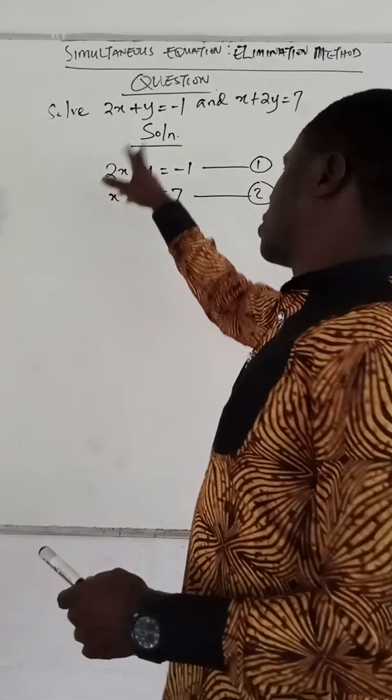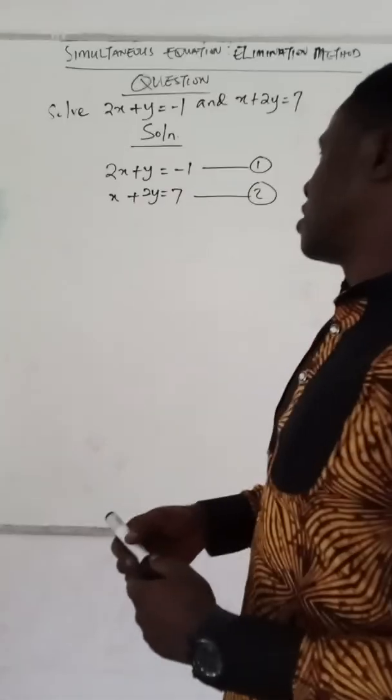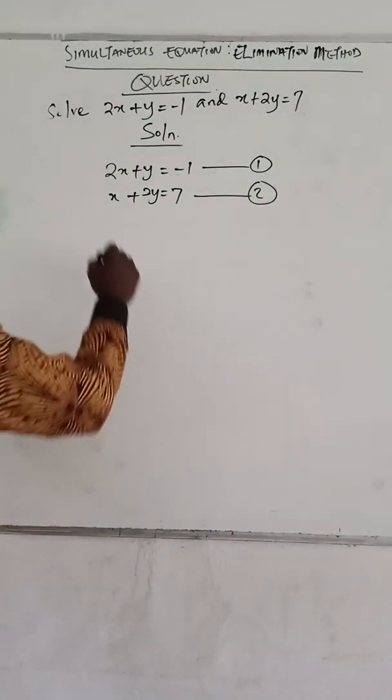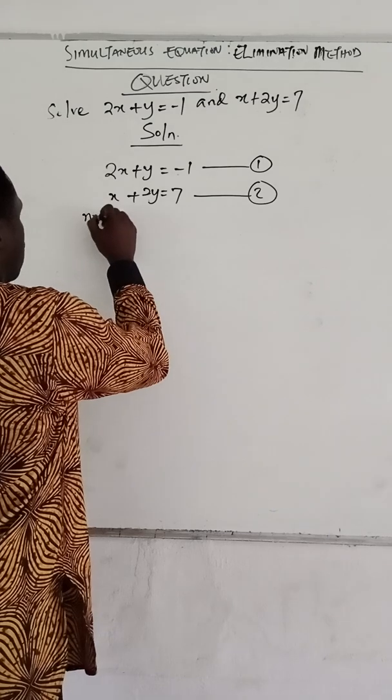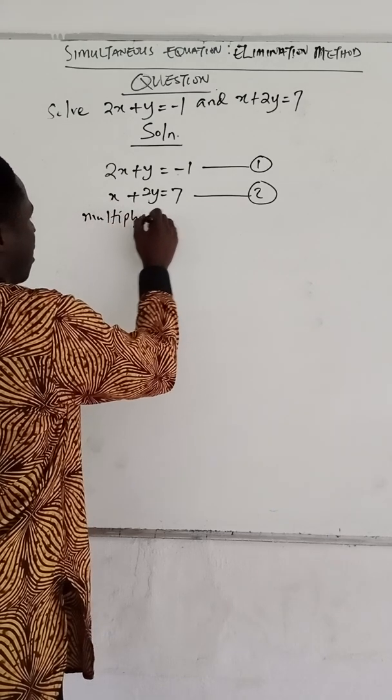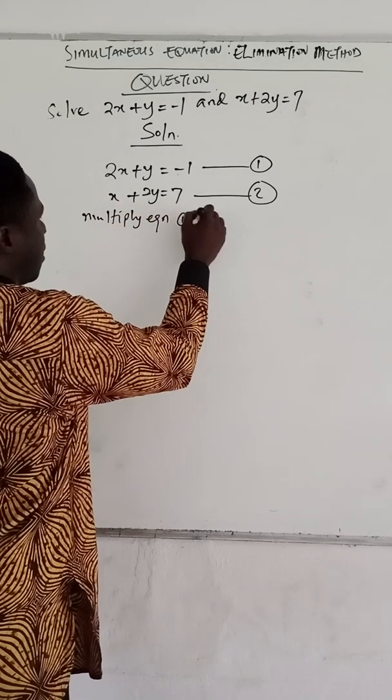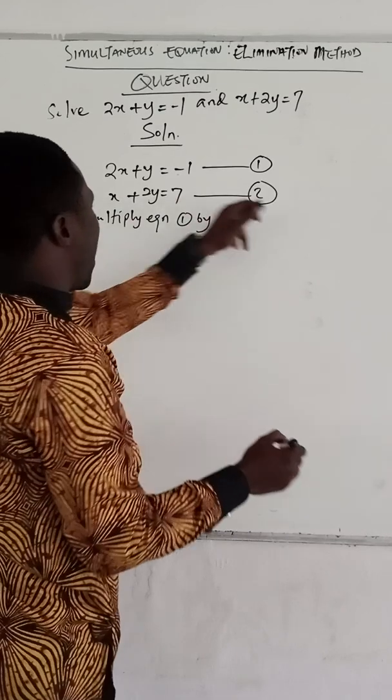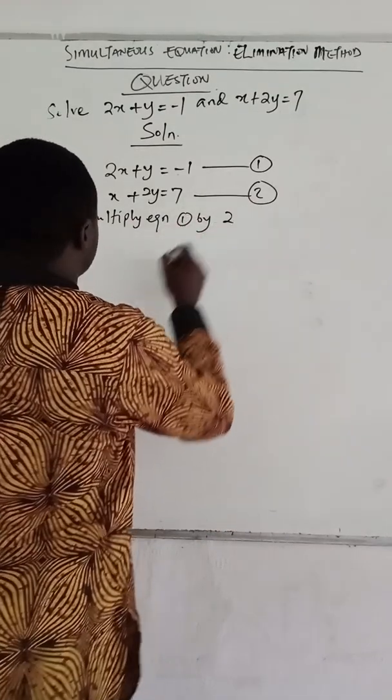But also we want to eliminate y. In this case, we make the coefficient of y the same by multiplying equation 1 by the coefficient of y in equation 2, which is 2.